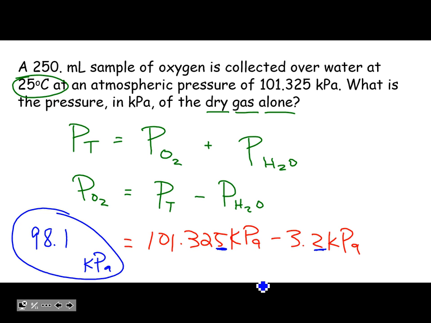What is 98.1 kilopascals? That is the pressure of the oxygen gas. Any questions? Because that's very, very similar to what we're going to need to be able to do for the lab.